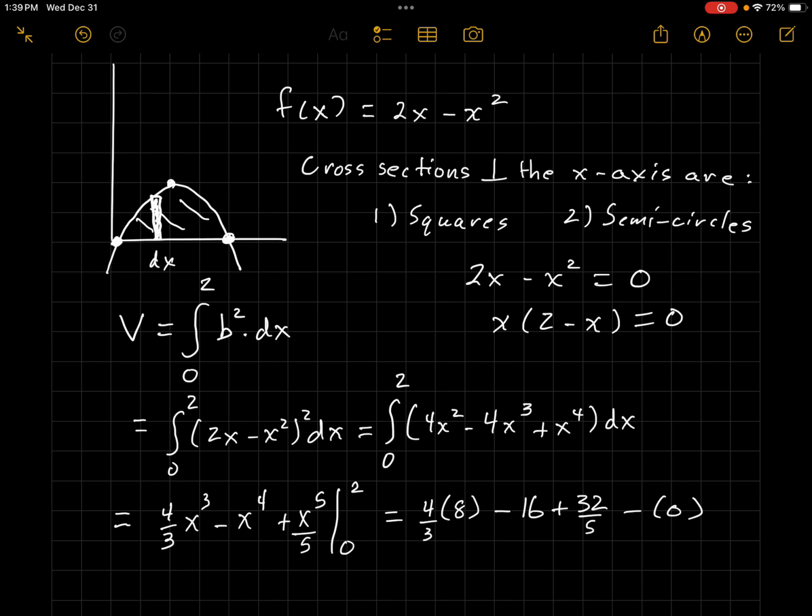So these were the squares. What if instead of squares coming out of the screen, they were semicircles? Then the volume is pi over 8 times the integral of b squared dx.